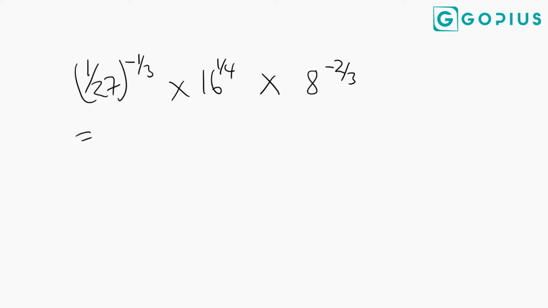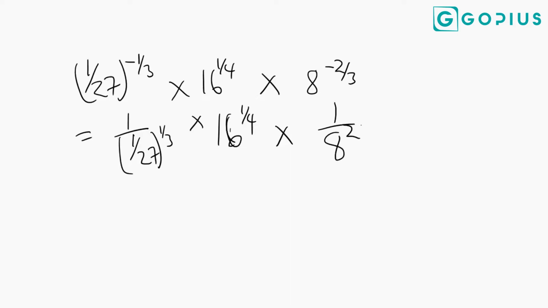So this negative 1 over 3 now becomes 1 over the number, which earlier was 1 over 27, raised to the power of 1 over 3, times 16 will still remain 16 raised to the power 1 over 4, times, we do the same thing to this number, 8 raised to negative 2 over 3. That negative sign takes the inverse, that's 1 over. So we have 8 raised to the power minus 2 over 3 becoming 1 over 8 raised to the power 2 over 3. That negative sign is the inverse that we have taken at that point.